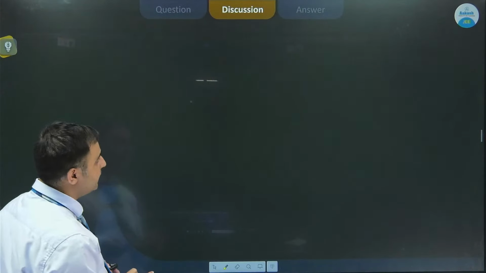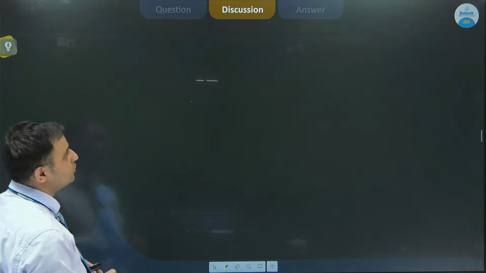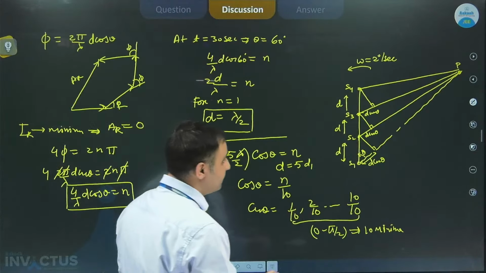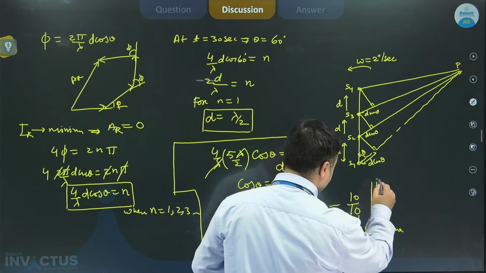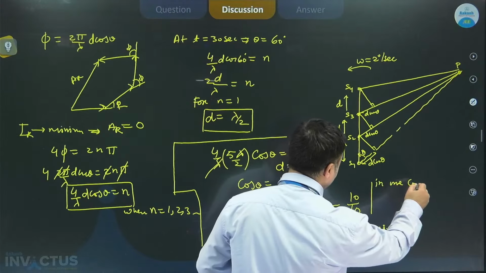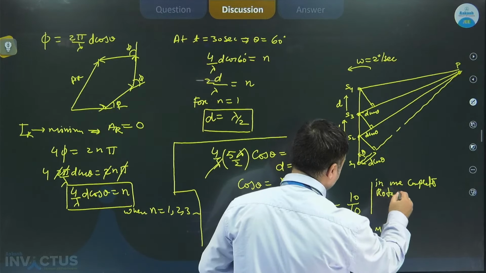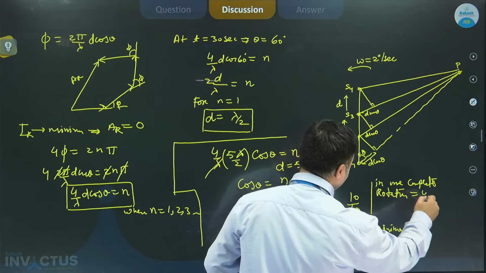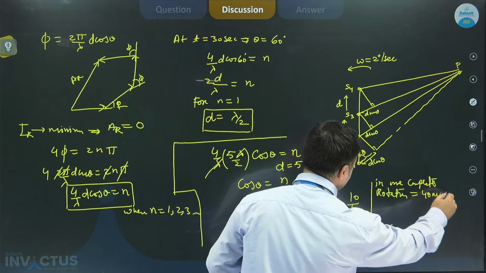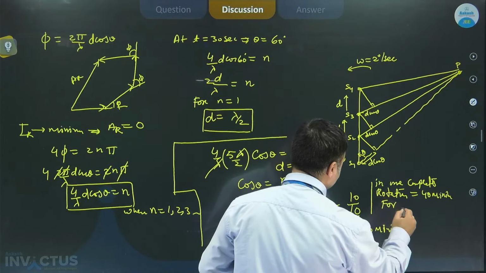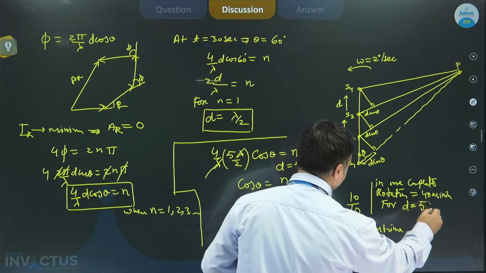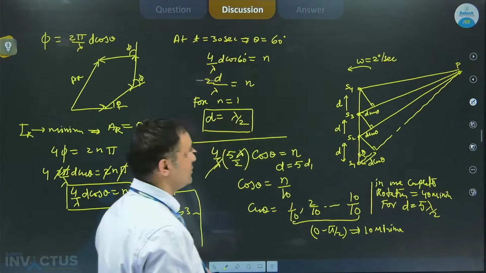तो फॉर कंप्लीट रोटेशन में will get 40 minima. So in one complete rotation, there are 40 minima for d is equal to 5λ by 2. So let's check the option.